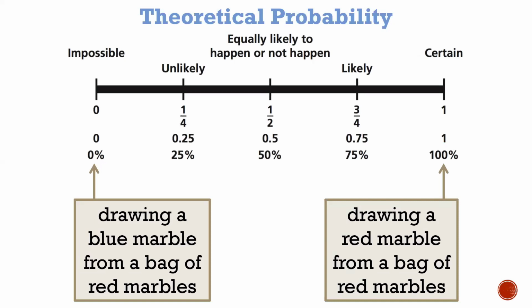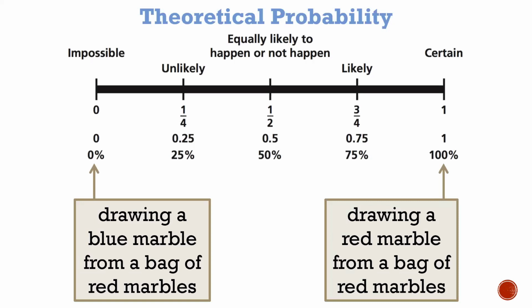Probabilities, the larger a number is, the more likely an event is to occur. An event that has a probability of 0 is an event that is not going to happen. If I have a bag of all red marbles, the probability of drawing a blue marble is 0 or 0%.